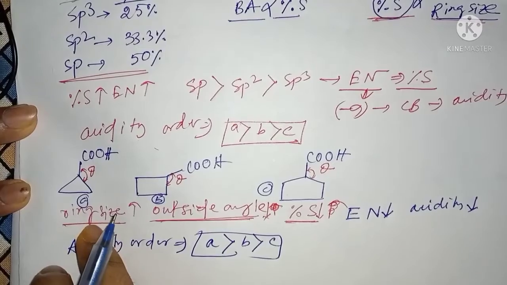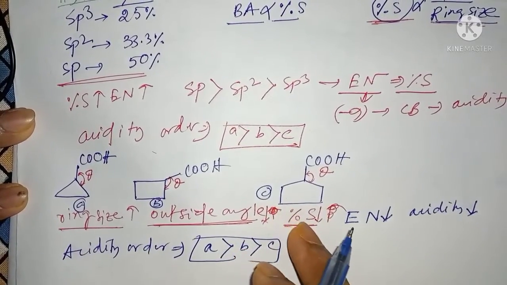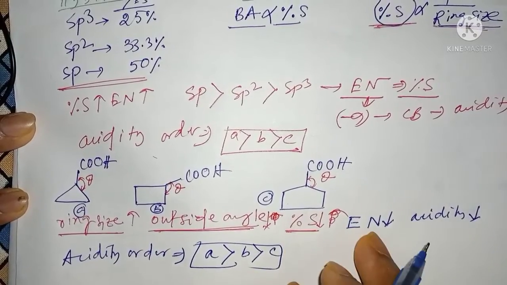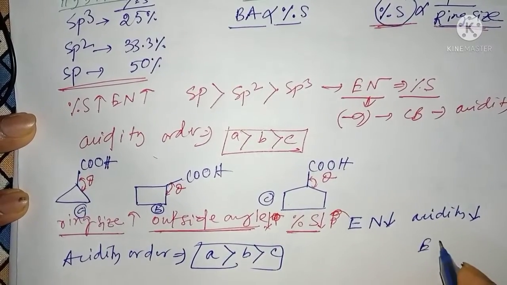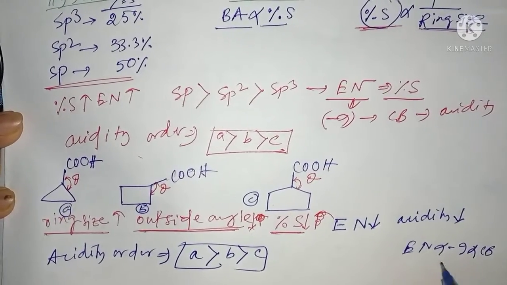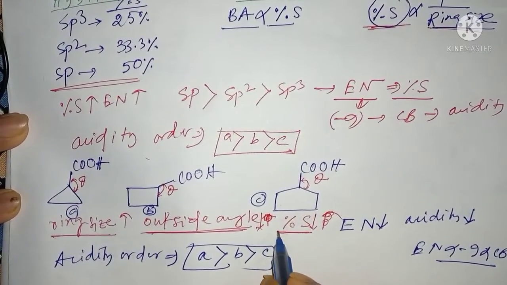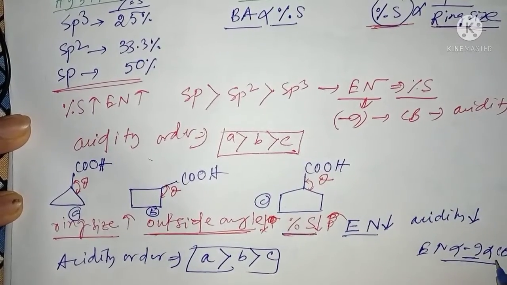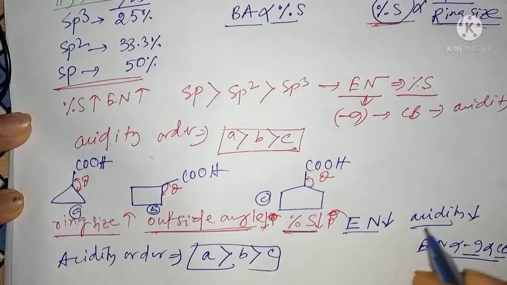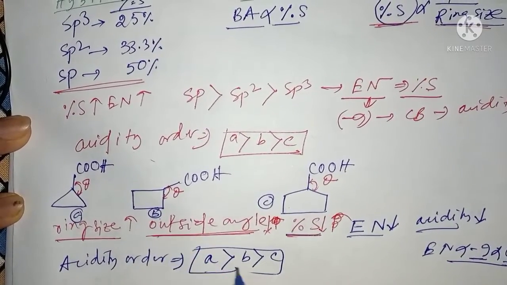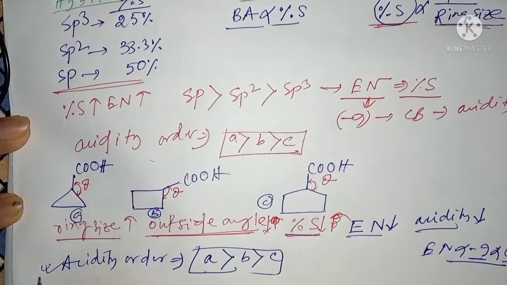Ring size increases, so percentage of s character decreases, and percentage of s character is directly proportional to electronegativity, electronegativity is proportional to the -I effect, and the -I effect is proportional to conjugate base stability. So the -I effect decreases, conjugate base stability decreases, acidity decreases. So A, the 3-member ring, is more acidic than B, than C. This is the acidity order.